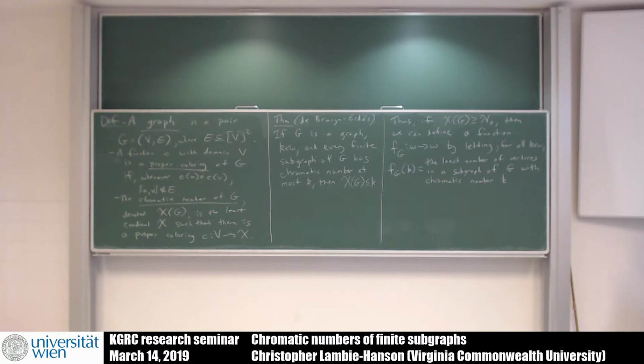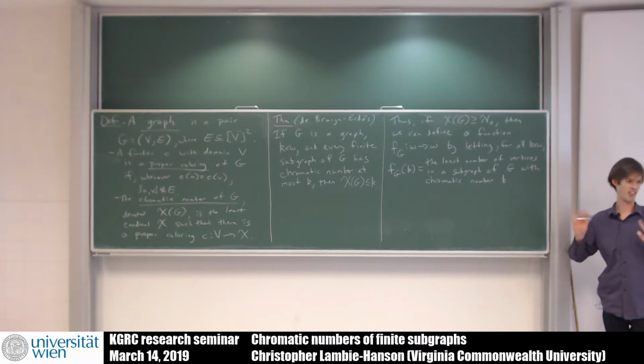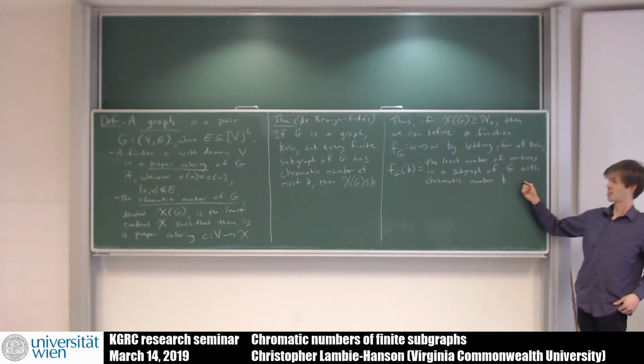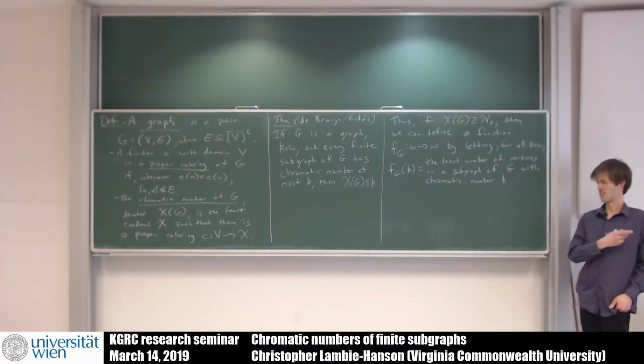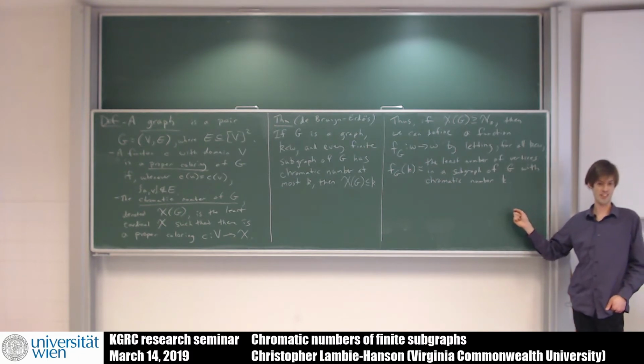So it's consistent that there's a graph of chromatic number aleph 2 that has no subgraphs of chromatic number aleph 1. But for finite graphs, it's easy just by taking them away. Right. Okay, so this function, partly by that remark, is a strictly increasing function.